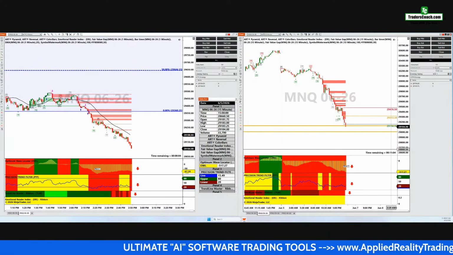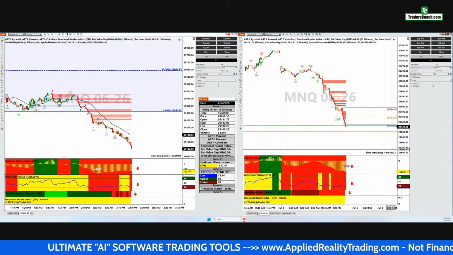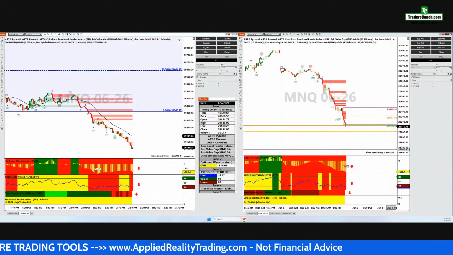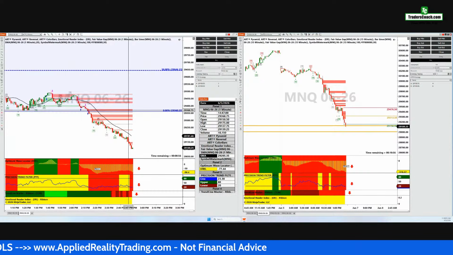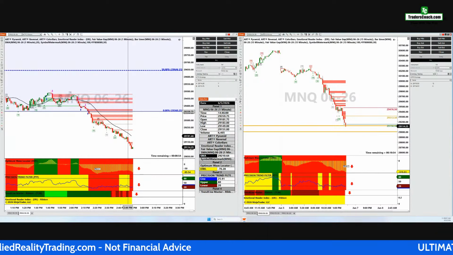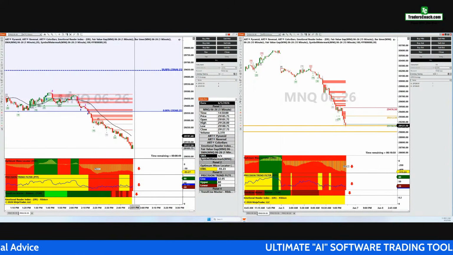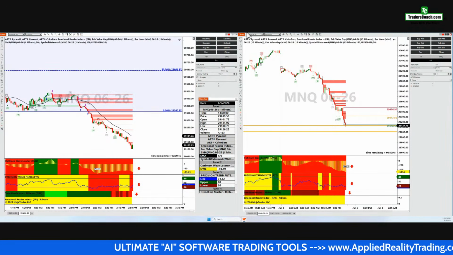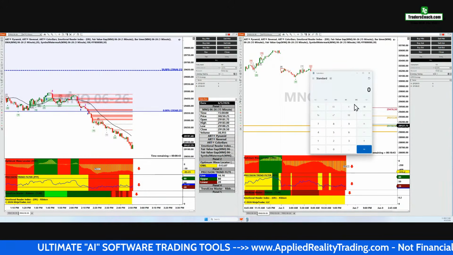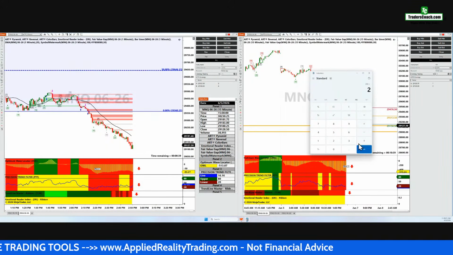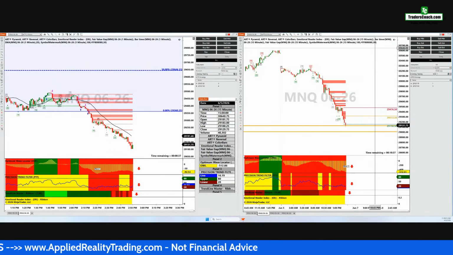So that would have been an area I would have taken my profits if I was aiming at staying in the trade that long. And so from where I got out, that was what, 360 down to here. That's 260 points. 260 times 2 on 1 micro, you could make an additional 520.